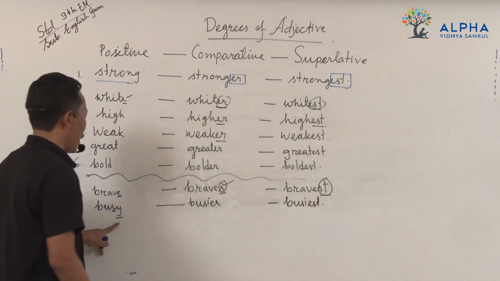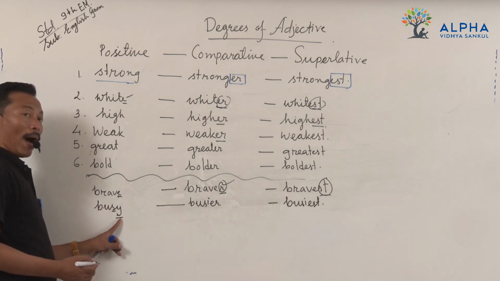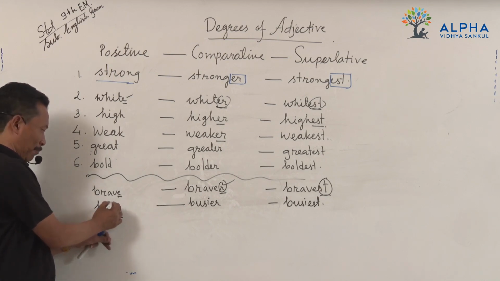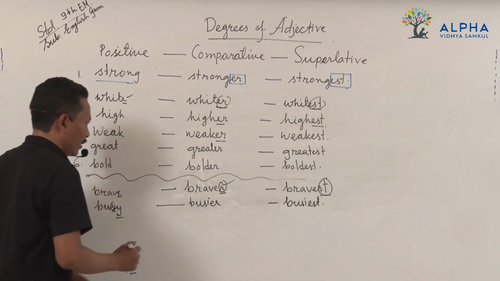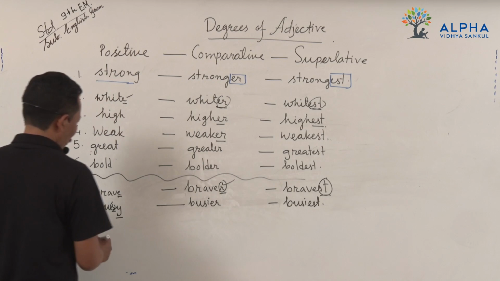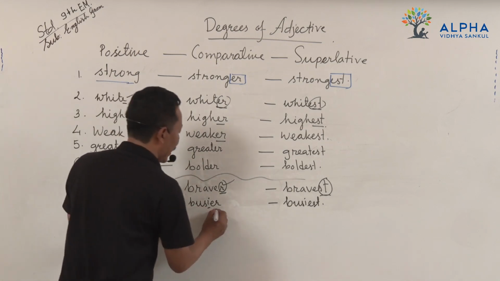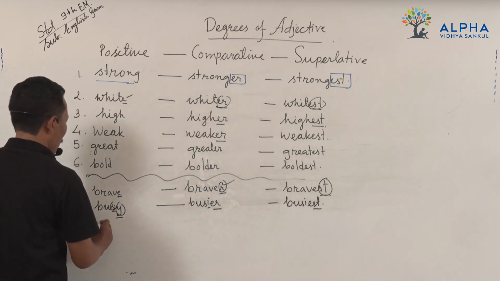And what is the rule if the words end with y preceded by a vowel, means just before y there is no consonant? Then at the time we have to use the usual er and est. And here also easy.